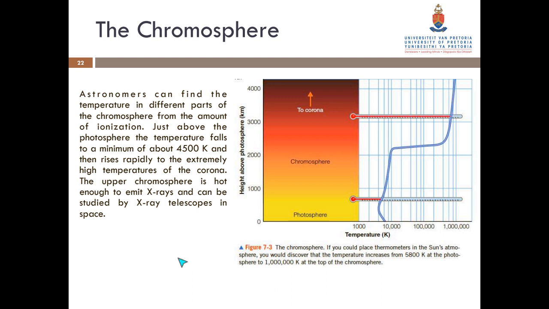So astronomers can find the temperature in different parts of the chromosphere from the amount of ionization. Just above the photosphere, the temperature falls to a minimum of about 4,500 Kelvin, and that rises rapidly to the extremely high temperatures of the corona. The upper chromosphere is hot enough to emit X-rays and can be studied by X-ray telescopes. That is why I said the corona is much, much warmer than the rest of the sun.